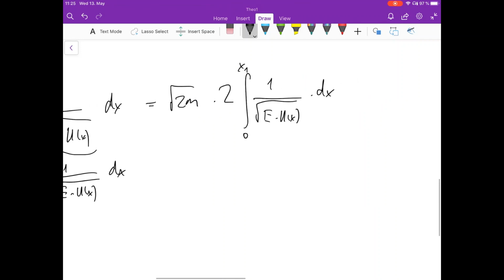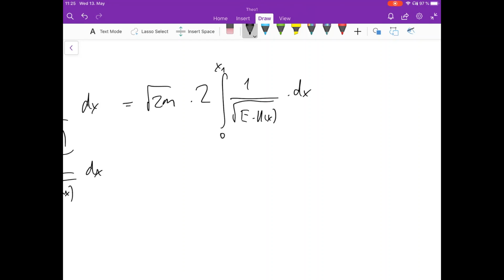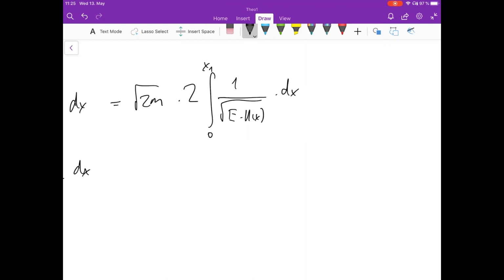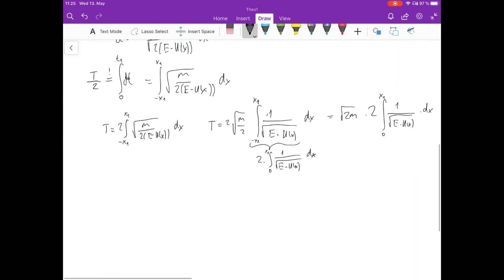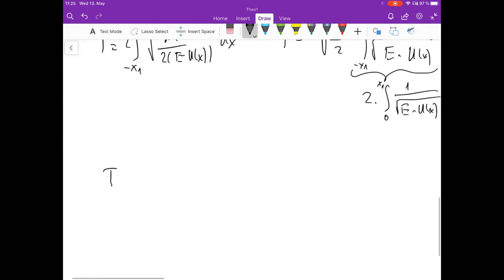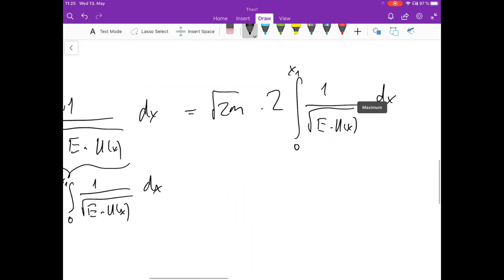Yeah, cool, but we still can't integrate this so well, so let's plug u of x in. Let's plug it in and have only an x-dependent integral and not u of x.